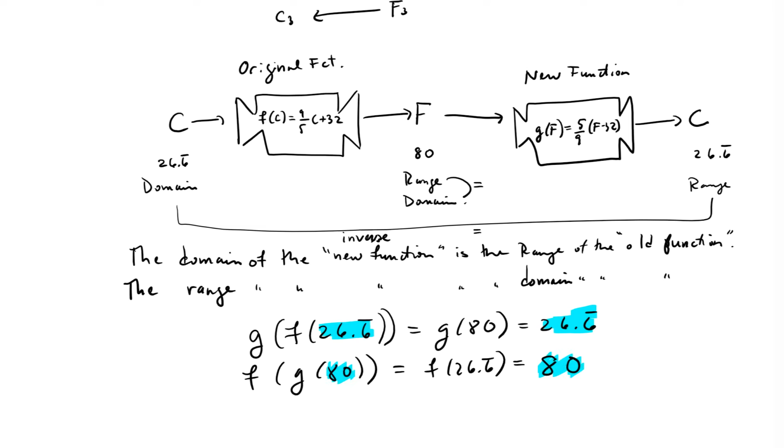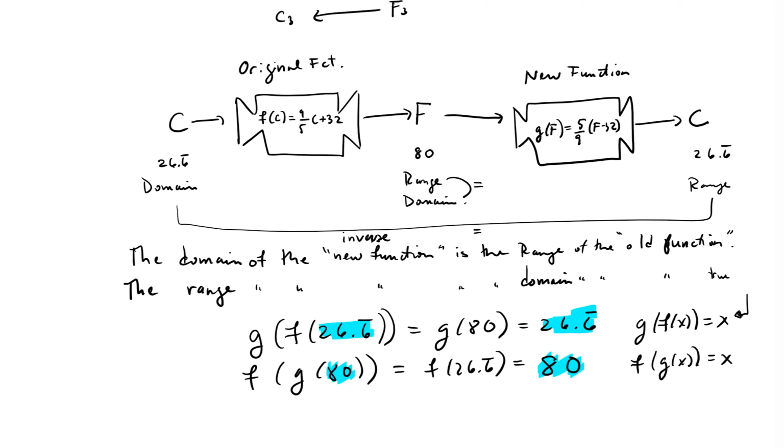So in general, g of f of x is just x itself. So g and f compensate for each other. The one undoes what the other did. This is true for all x in the domain of f. I'm running out of space here.